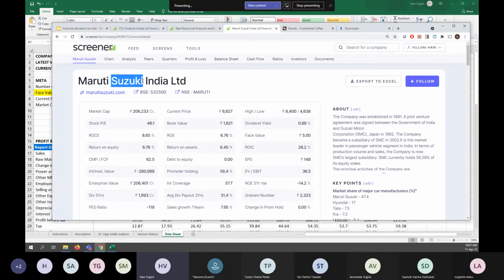Suzuki provided the technology, the engines, the whole mechanism of manufacturing cars. Maruti provided the labor, the manufacturing facilities in India, and also the market to sell to all the Indians in India. So that's the reason it's Maruti Suzuki.